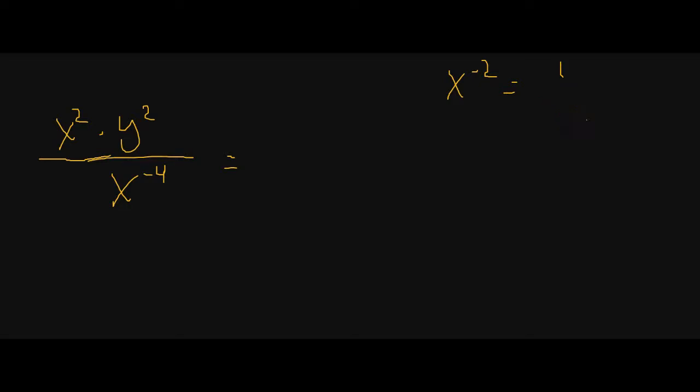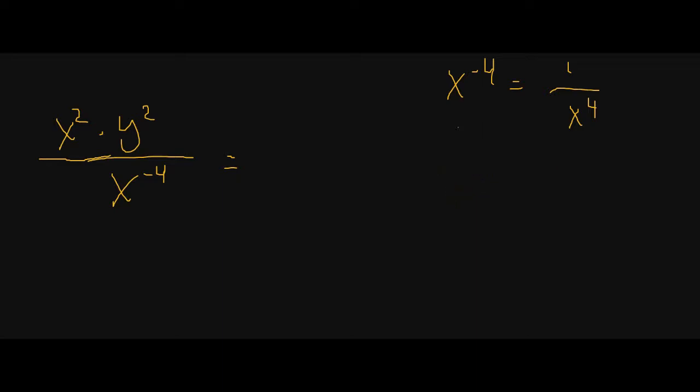So x to the negative 4 is equal to 1 over x to the fourth. And it's the same thing as 1 over x to the negative 4 is x to the fourth. We're basically just taking the reciprocals and flipping them. Go ahead and write that down if you haven't, because I'm going to need the space.